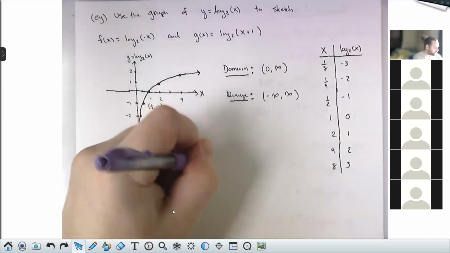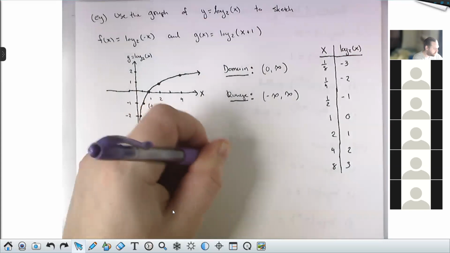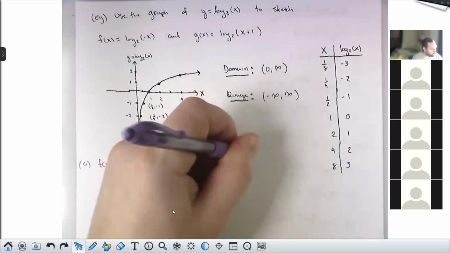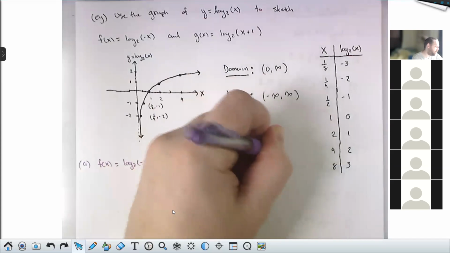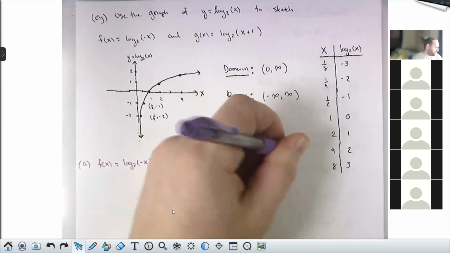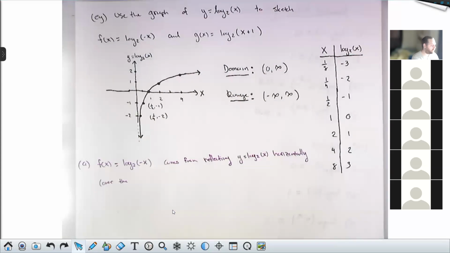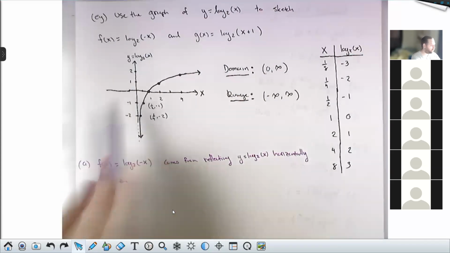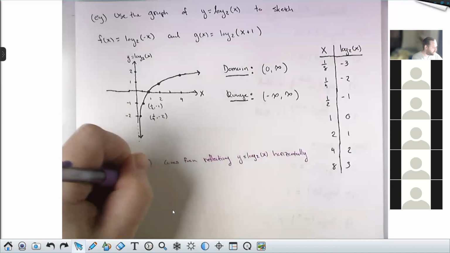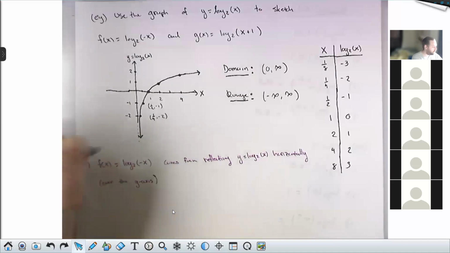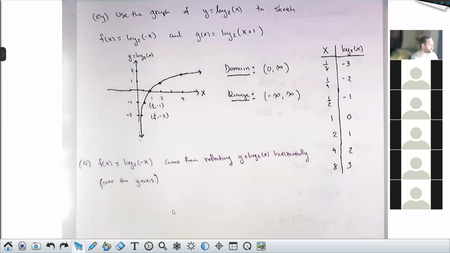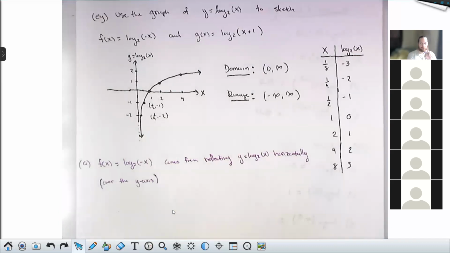This comes from reflecting y equals log base 2 of x horizontally, i.e. over. Oh, did you say x-axis? I'm sorry. No. This is going to be a horizontal reflection, a reflection over the y-axis. I'm sorry. So when you multiply on the inside by a negative, that flips things over horizontally. And a horizontal reflection is a reflection over the y-axis here.